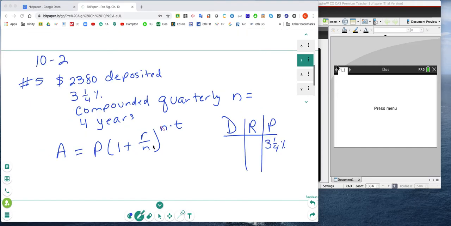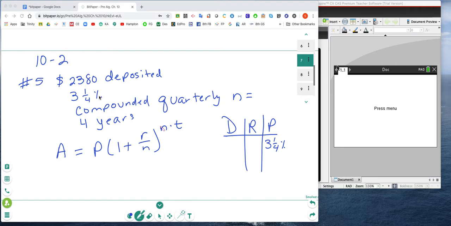All right, let's work with a problem. We're going to be doing number 5 on worksheet 10-2. So the first thing that we're going to do is collect up our information out of that problem. We know that we have $2,380 deposited. We have a 3 1/4%, that's our rate.